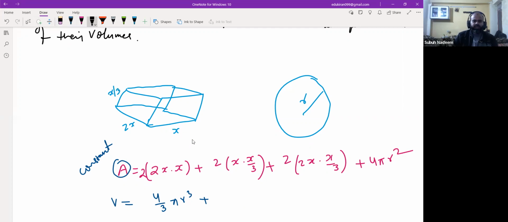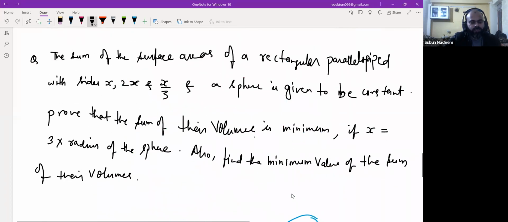So why can't we take it as a cuboid? If it is x into 2x into x by 3, this is the volume. Let us see taking it like this.